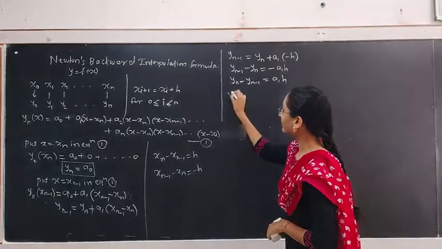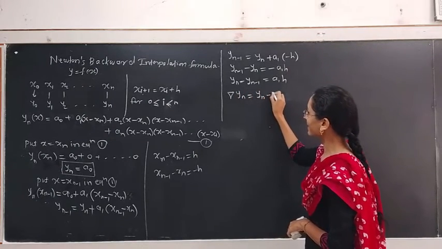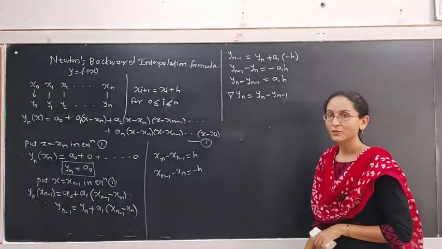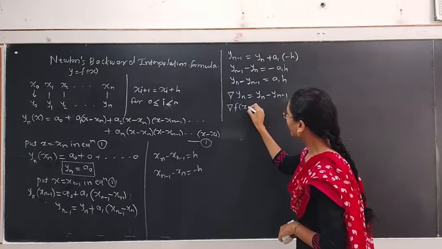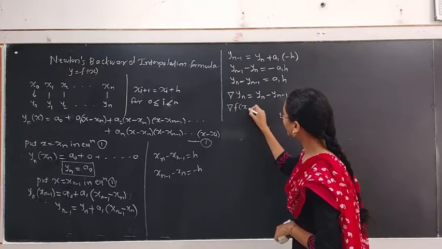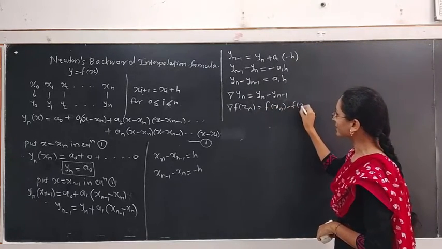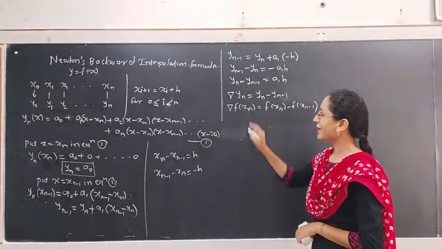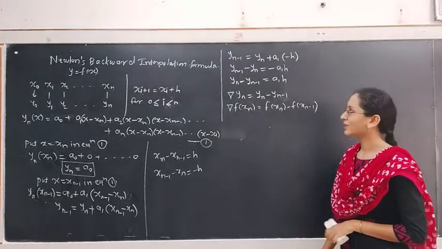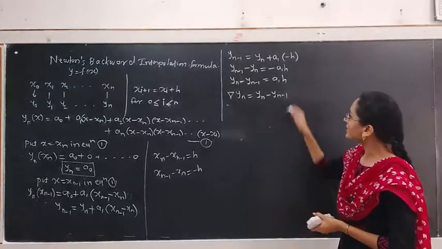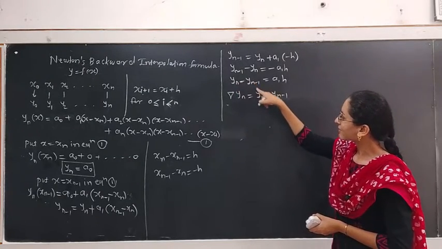We know the backward difference formula: del f of x_n is equal to f of x_n minus f of x_{n-1}. Here f of x_n is y_n, and f of x_{n-1} is y_{n-1}.